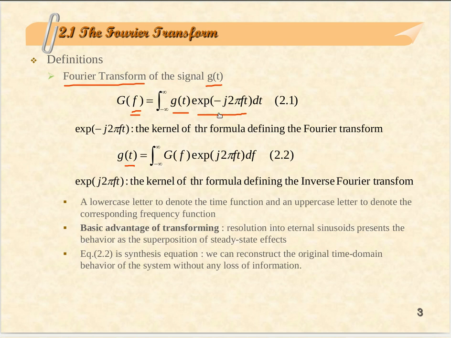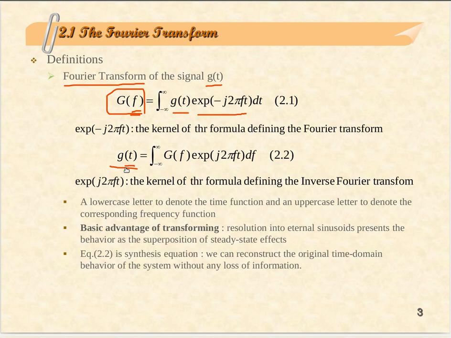If I remove the minus in the exponential, and I have, for example, G of f, I can get the time domain. So it works in reverse. If I have the time domain, I can use the Fourier transform to get the frequency domain. If I have the frequency domain, I can get the time domain.